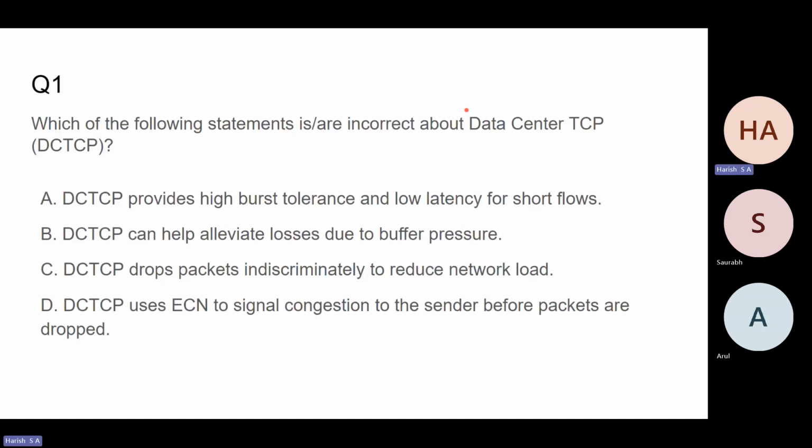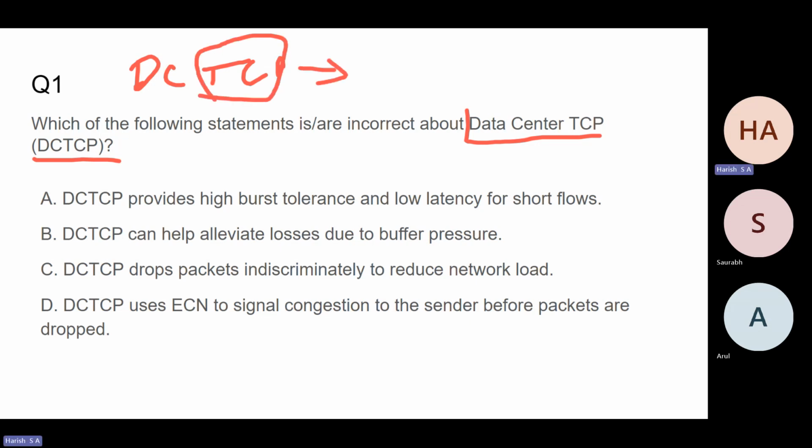So we studied something called DCTCP, data center TCP. It is nothing but TCP that is tailored for data centers. We also saw why we need a different type of TCP for the data center.